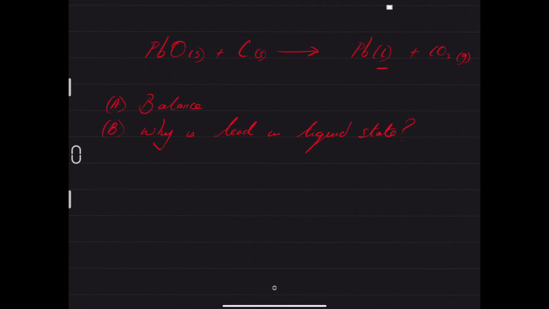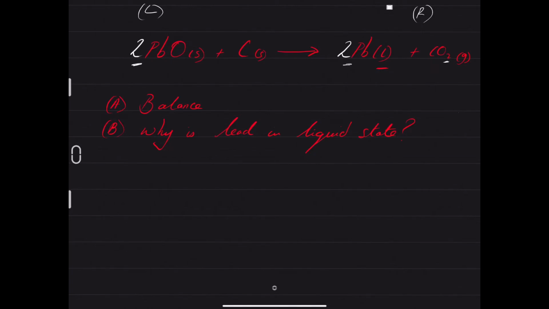All right. Okay, so let's take a look at this. So if we had to balance this equation, what do we get? You should have got 2 here and 2 here. So this is your equation where it's balanced. Here you've got 2 lead on the left hand side, and if we take this as the right hand side, we have 2, that's balanced. 2 oxygen on the left hand side, 2 oxygen on the right hand side.